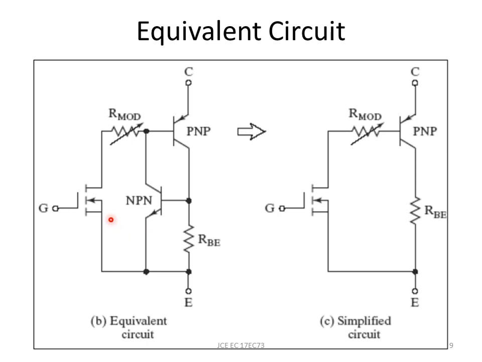What you will see is one MOSFET with the gate, one PNP transistor connected to the collector, and an NPN transistor whose emitter is connected to the emitter. So this is the equivalent circuit, and in the simplified circuit we can do away with the NPN, assuming it is there. Okay, so this is your IGBT which will work on the voltage given at the input, that is gate and emitter, and the collector current will flow from collector to emitter once this MOSFET turns on.